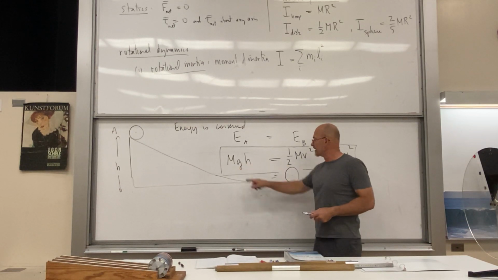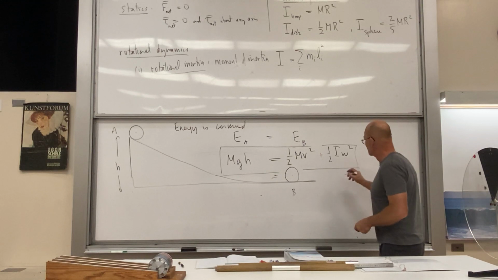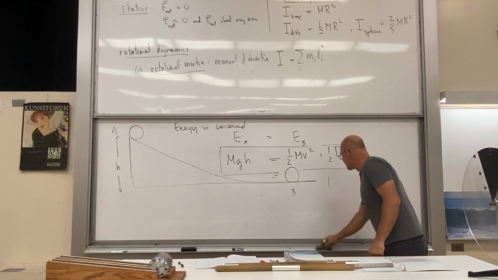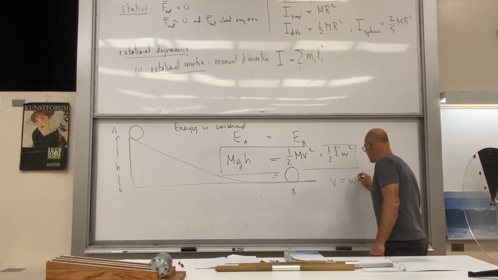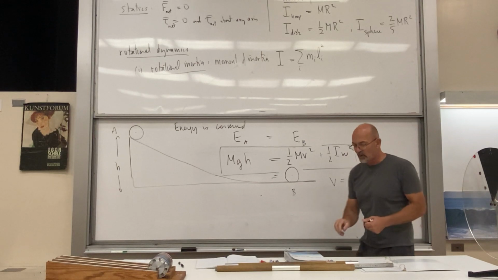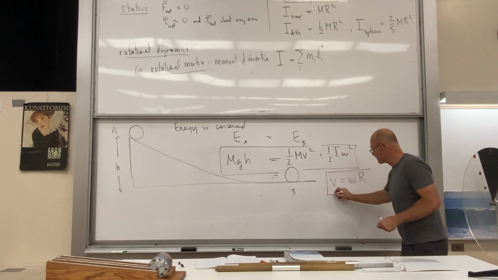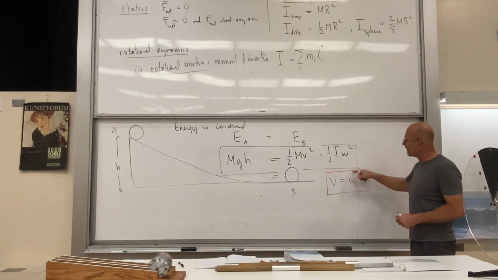So let's go ahead and remember, first of all, that v is equal to omega r. This was an important result from rotational motion, the relation of linear and rotational motion. So the speed is equal to omega times the radius.